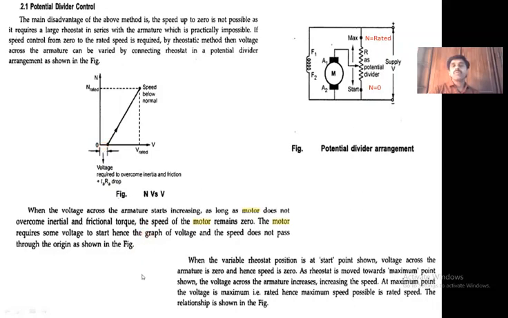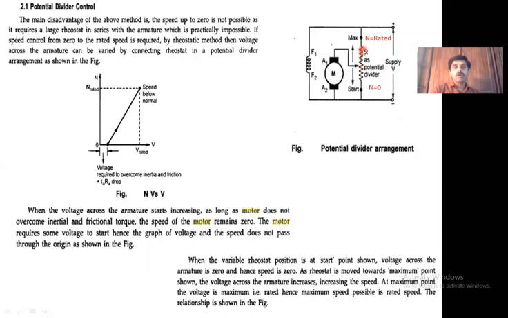So when the variable rheostat is at the start position, the voltage across the armature is 0, hence the speed is 0. As the rheostat is moved up towards the maximum point, the voltage across the armature increases, therefore increasing the speed.